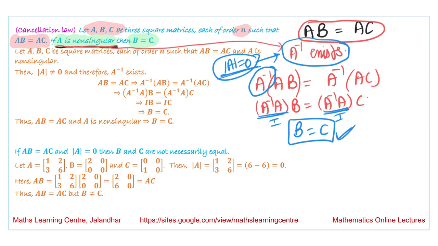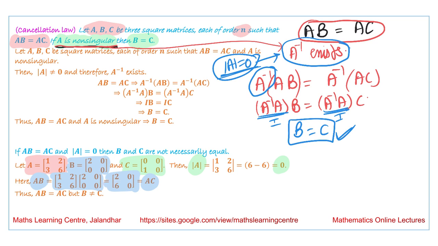So an example is given over here. We are saying suppose the matrix A is 1 2 3 6, matrix B is this 2 0 0 0, and matrix C is this matrix. Now in this case, determinant of A is equal to 0, and if we calculate the value of A into B, and if we calculate the value of A into C, both are equal.